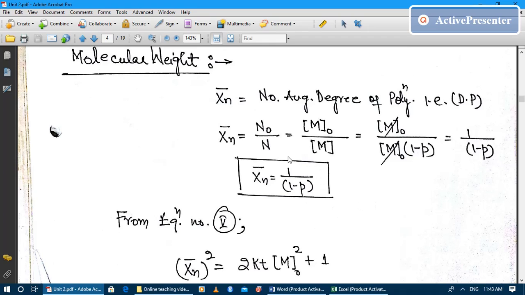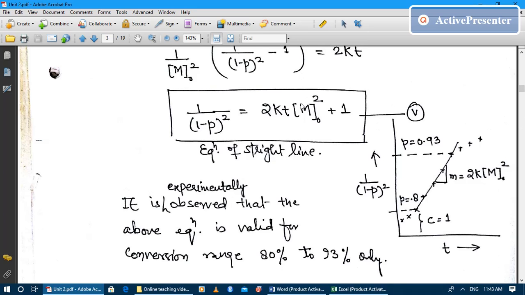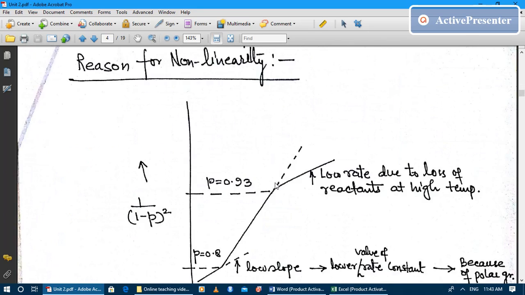This is a very important relationship that relates the conversion with the number average degree of polymerization, and Xn bar is an indirect measure of the number average molecular weight also. So from equation 5, this is the equation for self-catalyzed polymerization reaction.